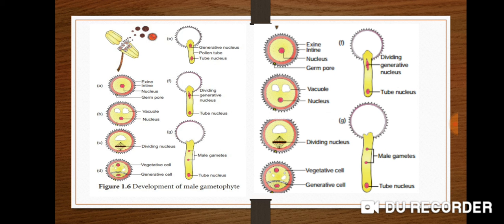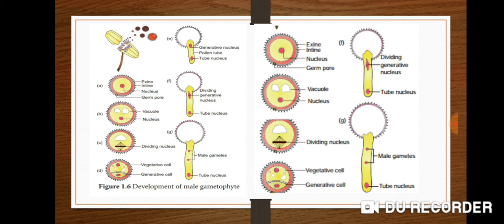The formation of two male gametes or sperms from generative cell is known as spermatogenesis. In majority of the angiosperms, the generative cell divides to form two sperms just prior to the entry of the pollen tube into the embryo sac.